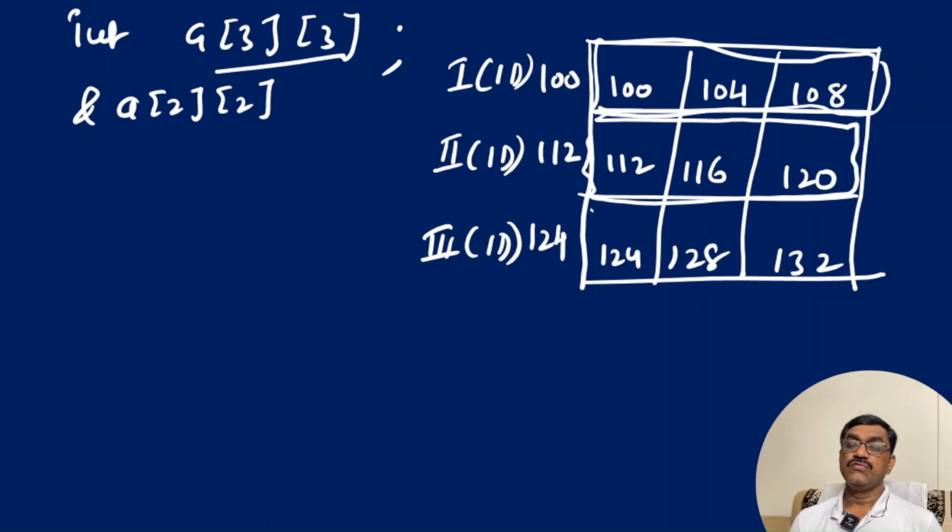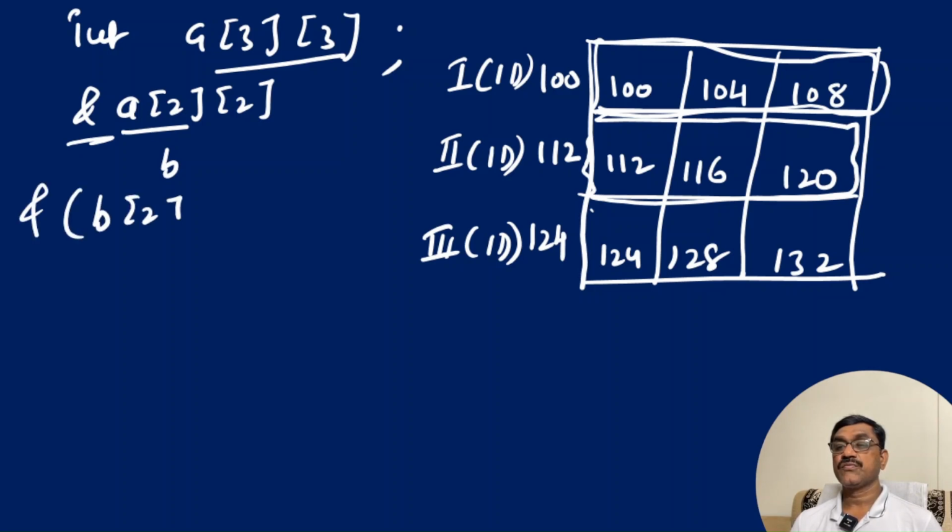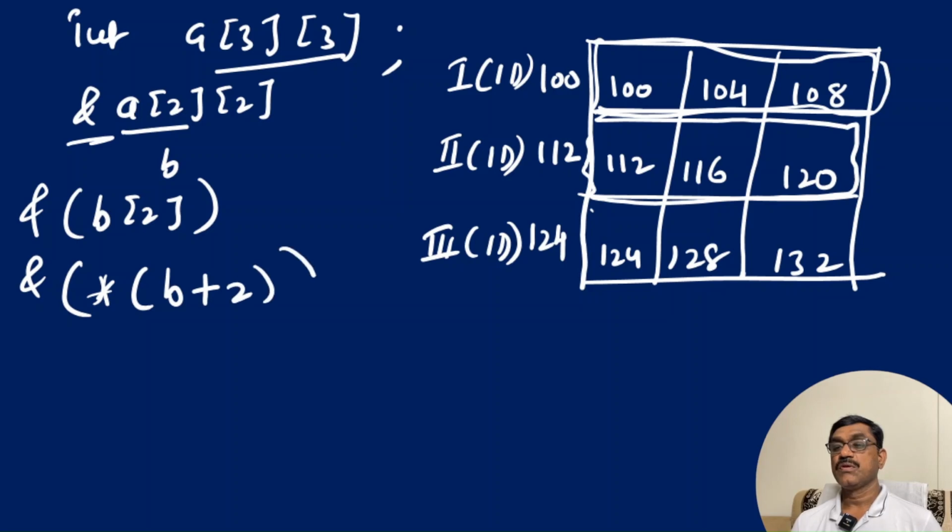Okay. Now from this I can write one thing: assume that A[2] is nothing but B. Now this equation can be written as &B[2], right? In the previous discussion of pointers, we have written that B[2] is given as *(B+2), right?